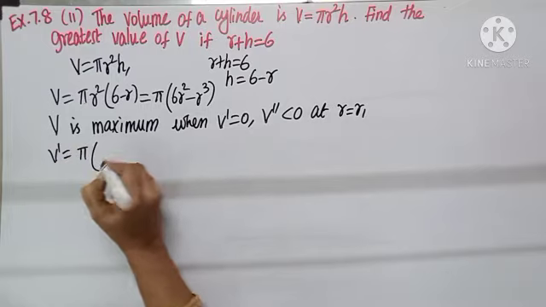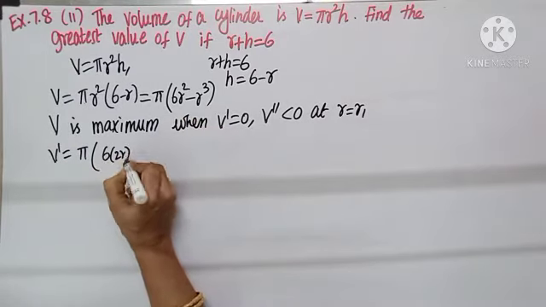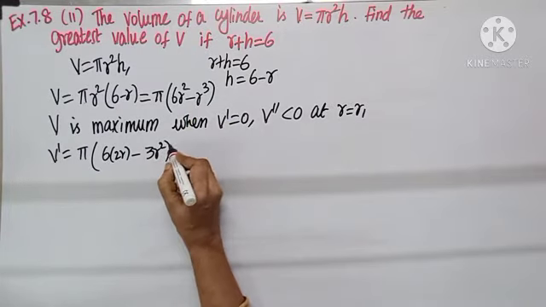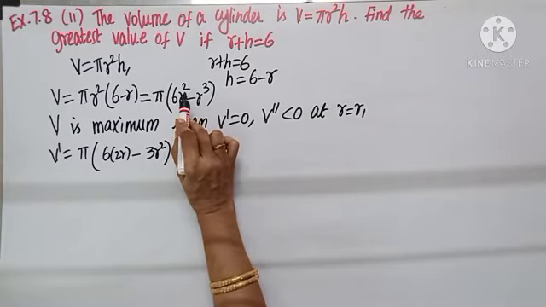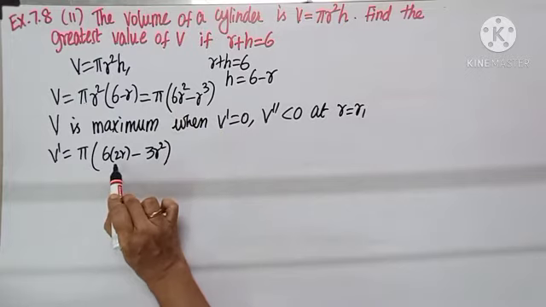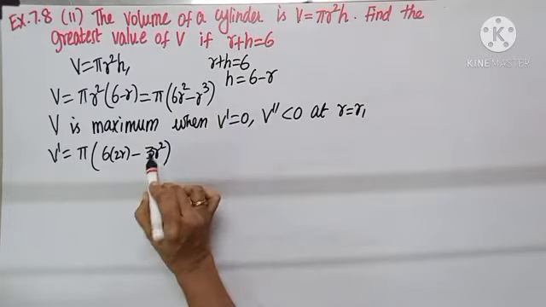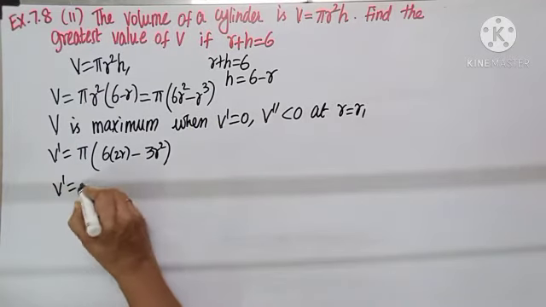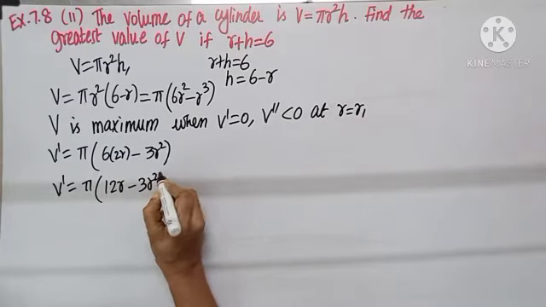Pi as it is, r square becomes 2r, minus r cube becomes 3r square. Any variable that comes, differentiate. X square becomes 2x, same pattern. R square becomes 2r. X cube becomes 3x square. R cube becomes 3r square. So we multiply and write. It is pi into (12r minus 3r square).